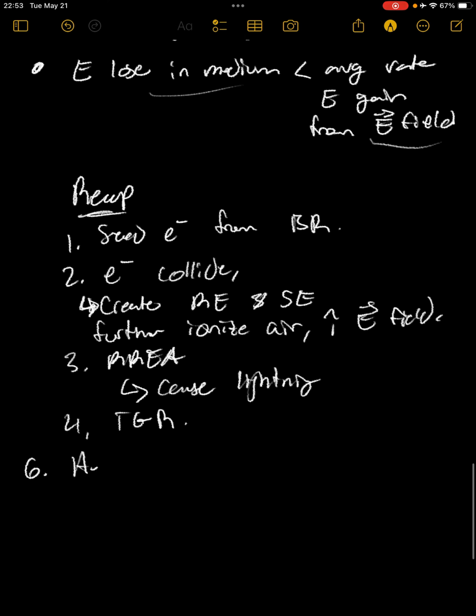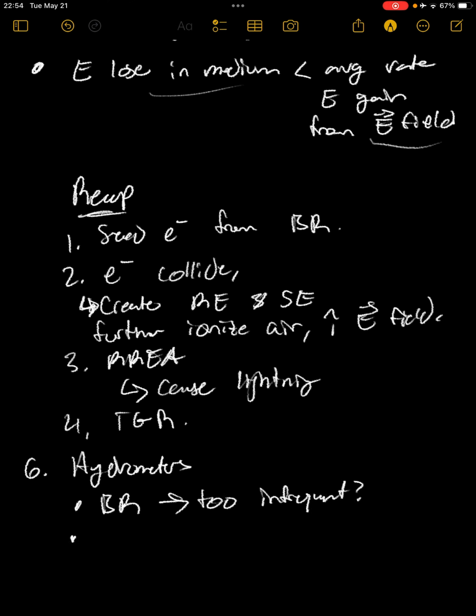So I told you before I would talk a bit about hydrometeors. Basically, the problem with background radiation is that it may be too infrequent to ionize the air. As I said before, there are a lot of ways that you can lose energy, frictional forces within the cloud and outside, so that this chain reaction essentially does not occur. So potentially too infrequent. We also know that most lightning happens in thunderclouds. Well, clouds are made of heavily condensed water vapor.